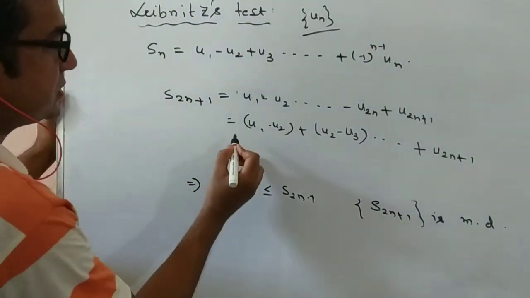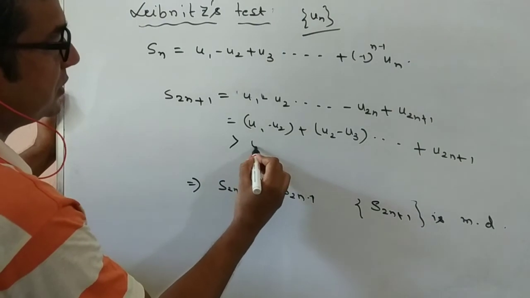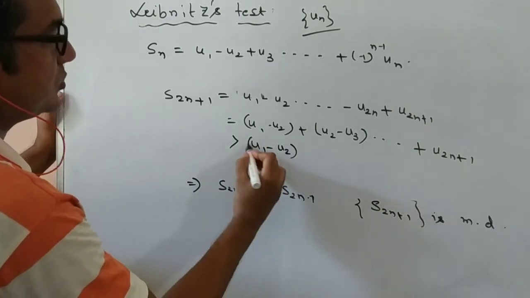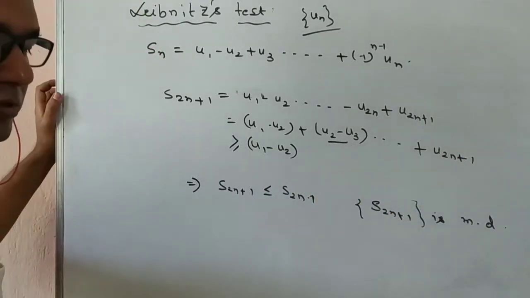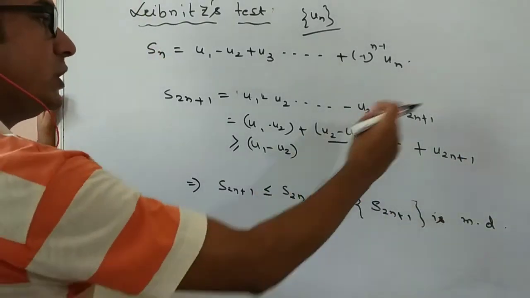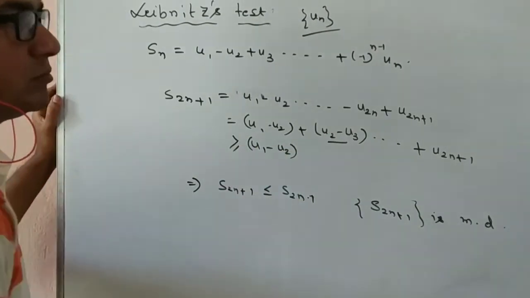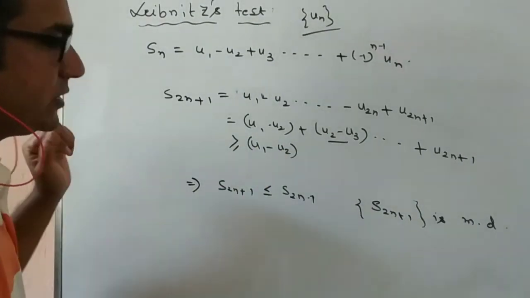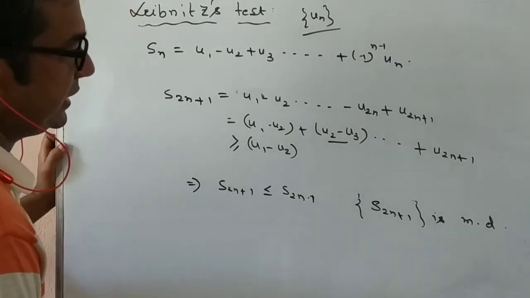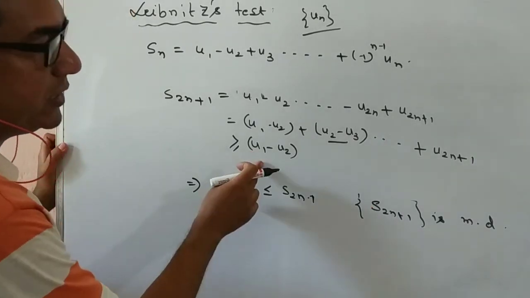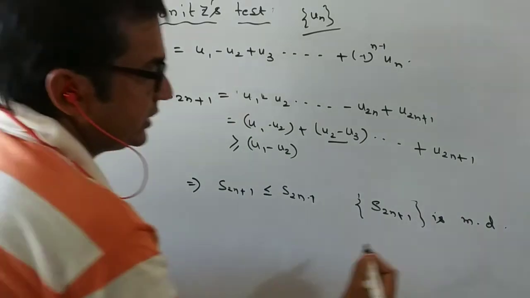That is greater than u1 - u2, because all the terms are positive. So we delete all the positive terms, that is, the right side is less than the left side. So this sequence is bounded below.